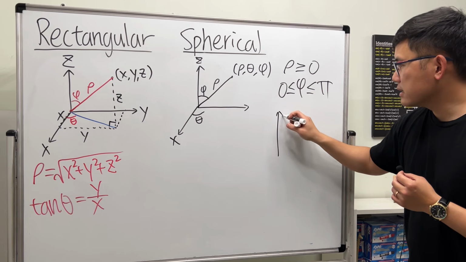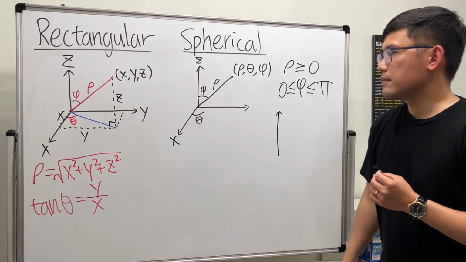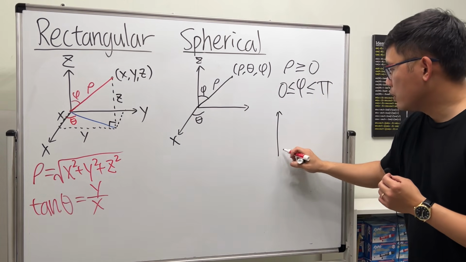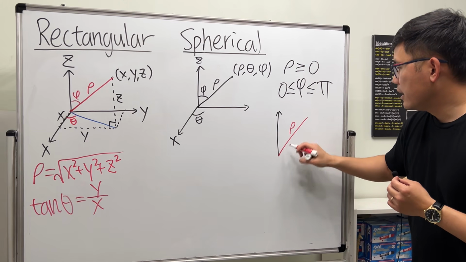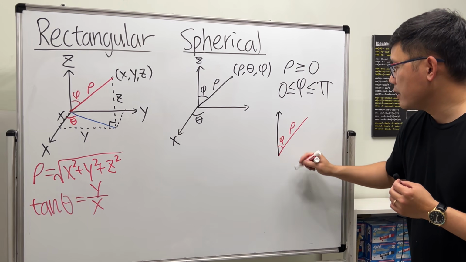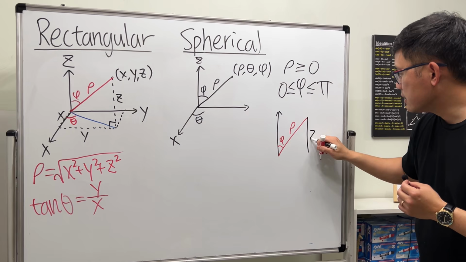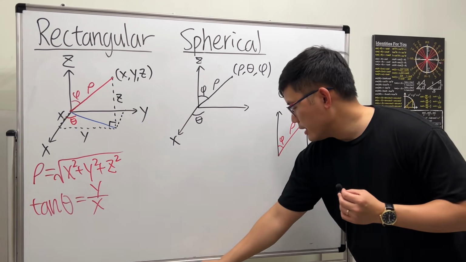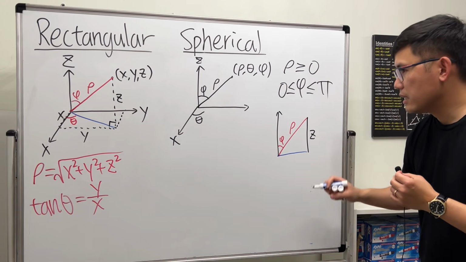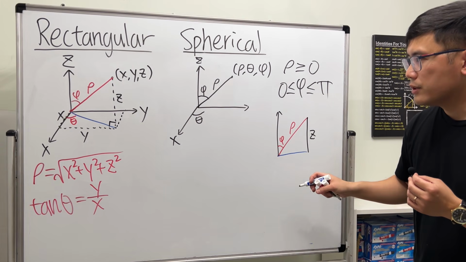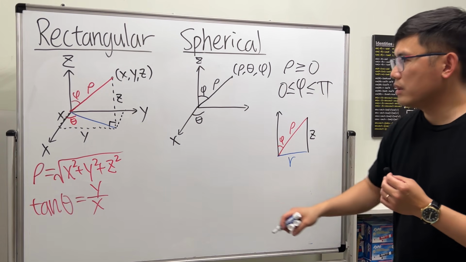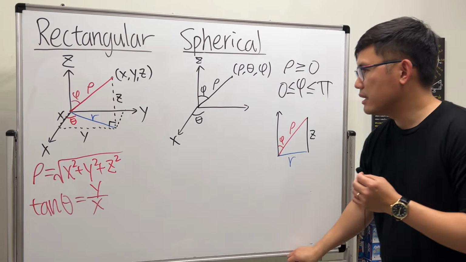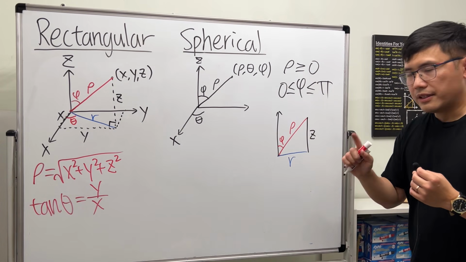First, we have the positive z-axis. And then we have the rho right here. And then we have the angle phi right here. And this right here is the z value. And then the bottom here is the blue part. I know it's r. I'll just put it down right here. And here's the deal.